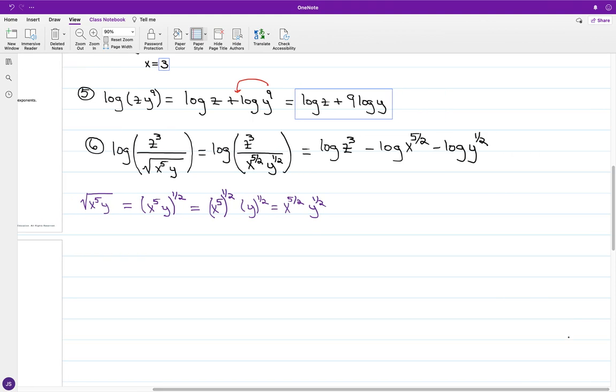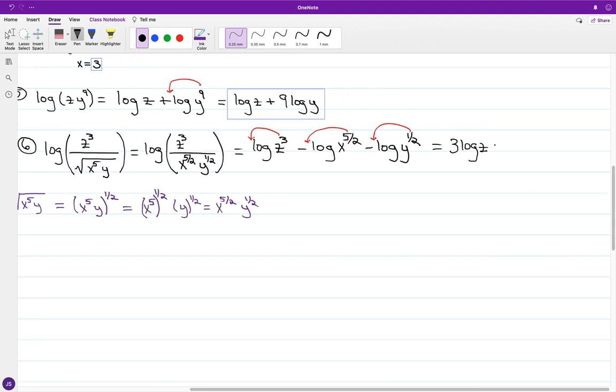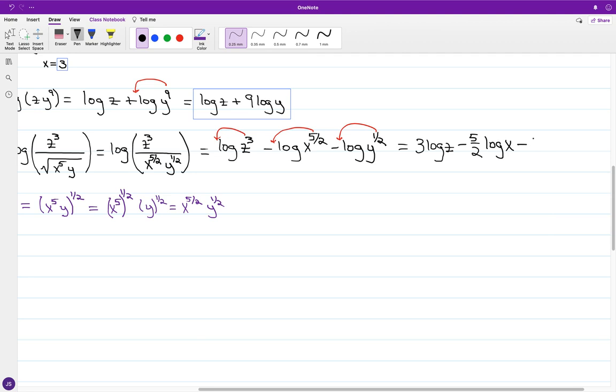And just looking at, once again, converting from powers to coefficients, we're going to have 3 times the base 10 logarithm of z, minus 5/2 of the base 10 logarithm of x, minus 1/2 of the base 10 logarithm of y.